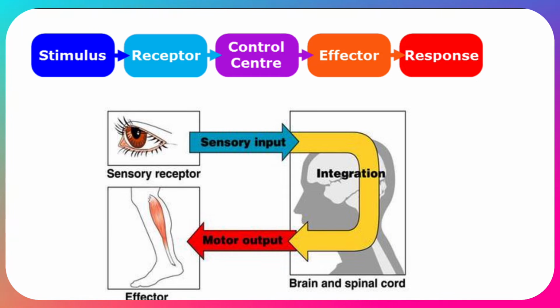And it does it using what we call a stimulus response model. So we have a stimulus, that's some sort of environmental energy, some sort of information. It could be an internal environment or an external environment, but it's some sort of information, energy that gets detected by a receptor.